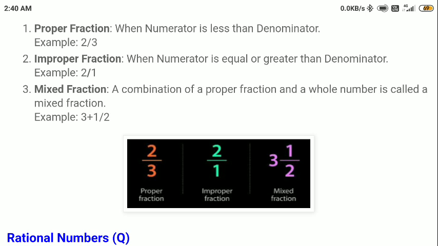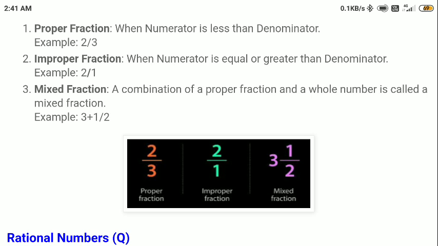Let us talk about another type, which is the mixed fraction. Here we are talking about a combination of a proper fraction and a whole number. Combination in the sense of addition. So a whole number, anything which is not a fraction, and any proper fraction, for example, 1 by 2, 3 by 5.